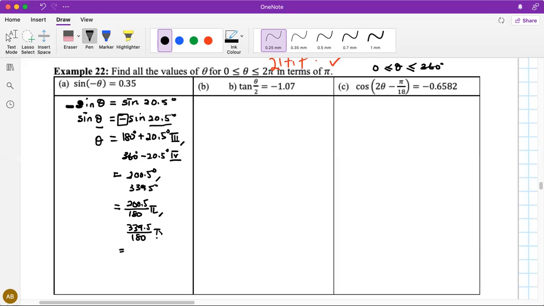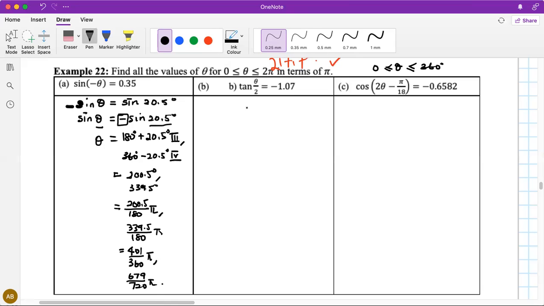So 200.5 divided by 180 is 401 over 360 pi, and 339.5 over 360 is 679 over 720 pi. So this is your answer.